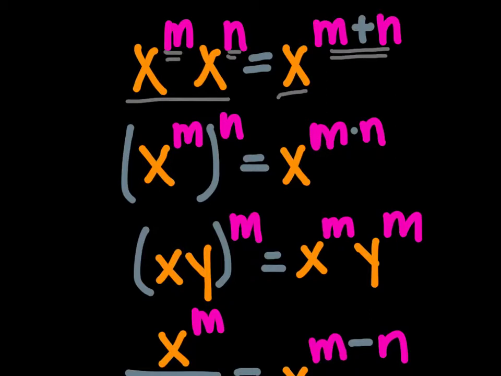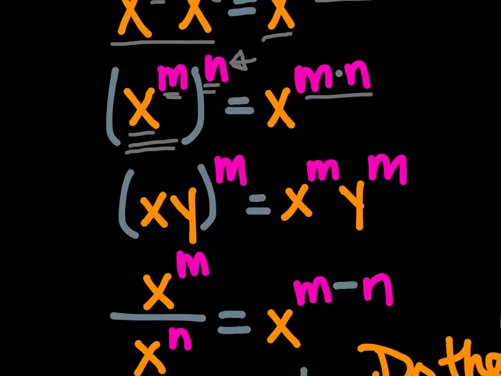We have the power to a power property, which tells us if we have a base with a power, and it's also raised to another power, we can multiply those exponents together, because we know that we're just going to be representing the stuff on the inside of the parentheses over and over the number of times that n tells us to. We find that we can just multiply the exponents.